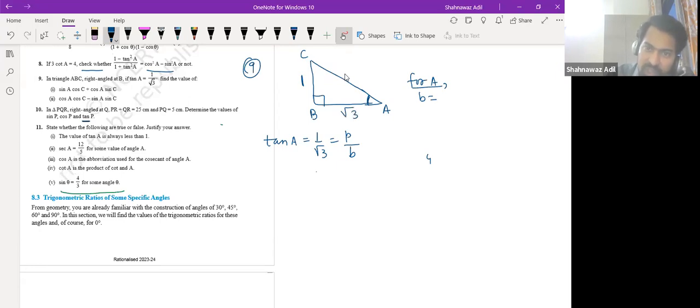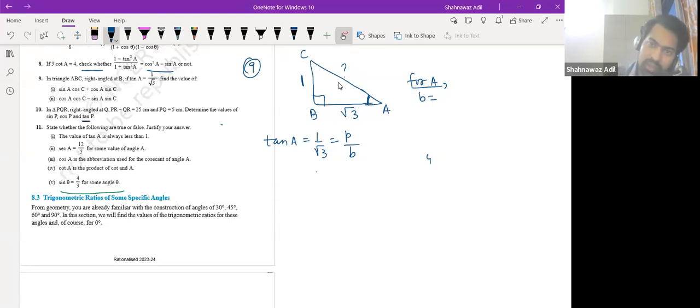So what would be this thing? Rifa, what would be this thing? Hypotenuse. So how much would be this? Please calculate and tell me what are you getting? 4, right?